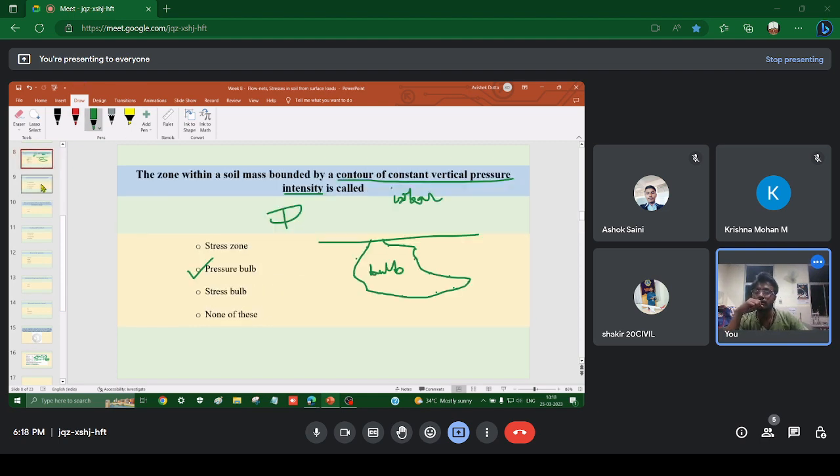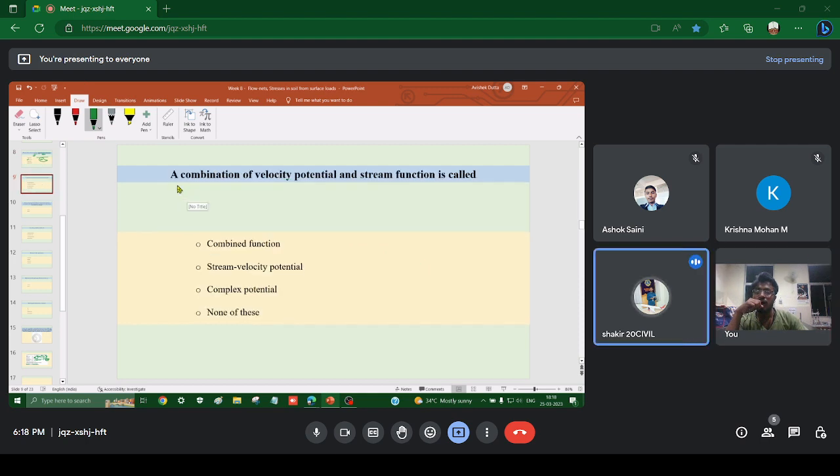Next question. A combination of velocity potential and stream function is called what is the answer? A complex potential. Yes, complex potential. What is the formula for this?